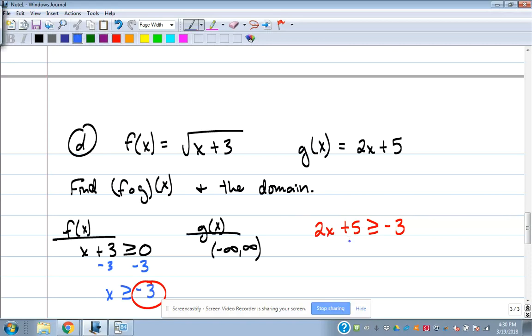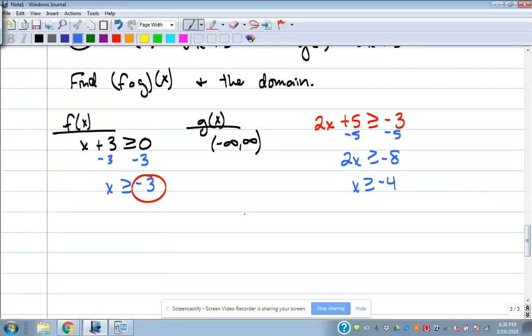So we solve that. Subtract 5. 2x is greater than or equal to -8. Divide by 2 there. x is greater than or equal to -4. Now, with that, the domain of the composite function. So the domain, yes, absolutely.